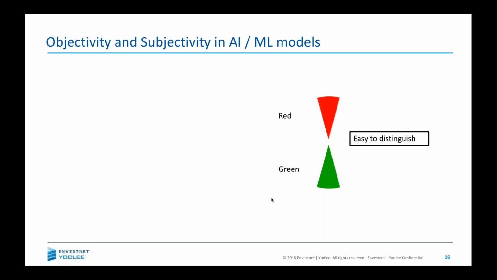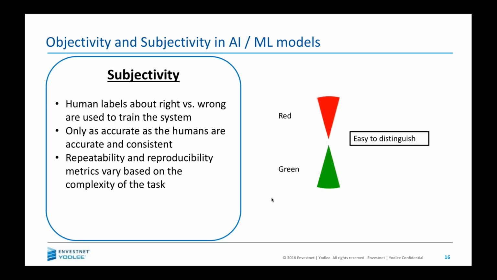So a very simple case I'm showing on this slide is that of distinguishing red color from green color. Everybody who's looking at this will be able to very clearly distinguish which is the red one and which is the green one. So the data that you would get from the human experts in this case has less subjectivity, and so the machines that you would train are going to be highly accurate, right?